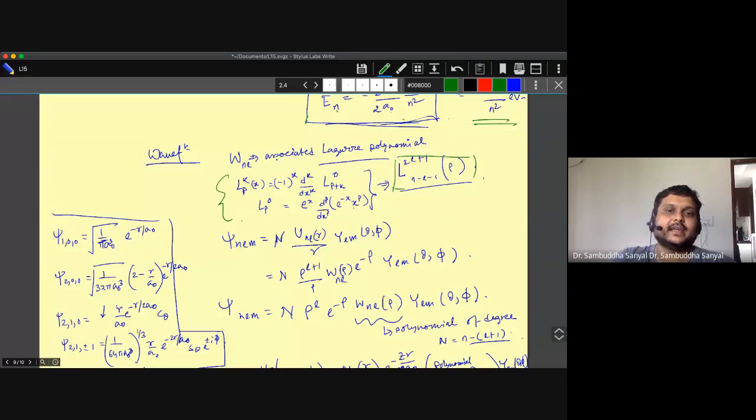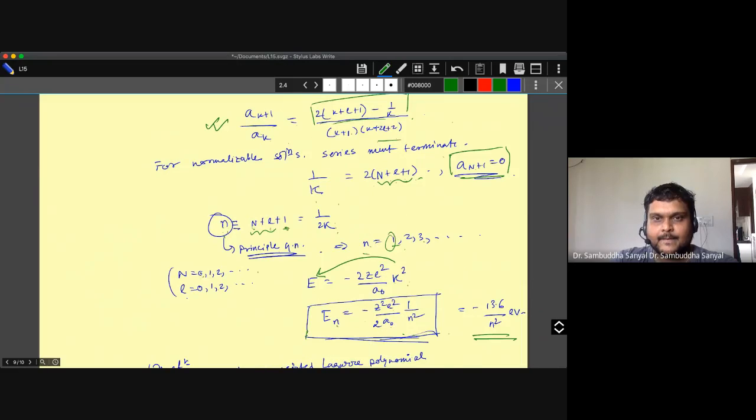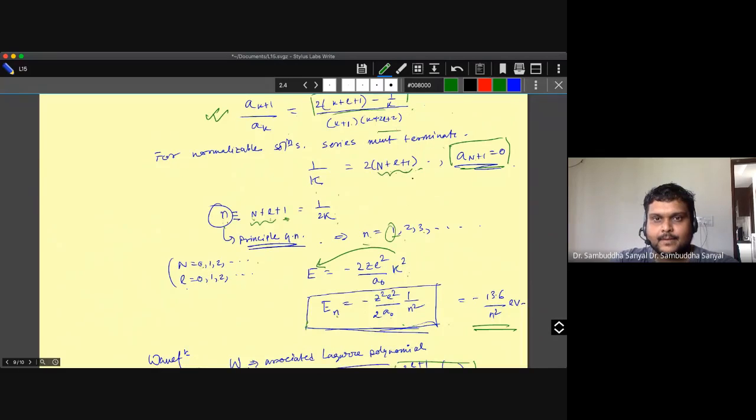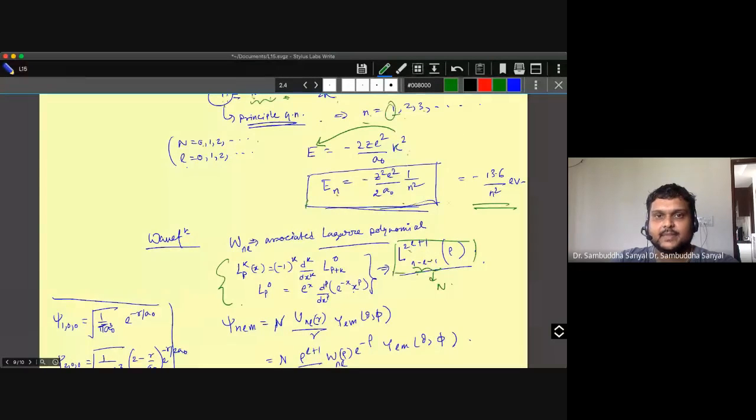Just like Legendre polynomials, you can write down the kth order. There are two integers associated with it, which are n and l. For convenience, I am writing it in this form of 2l plus 1 and n minus l minus 1. So this is the capital N. Am I right? Yes, this is the capital N. So n minus l minus 1.